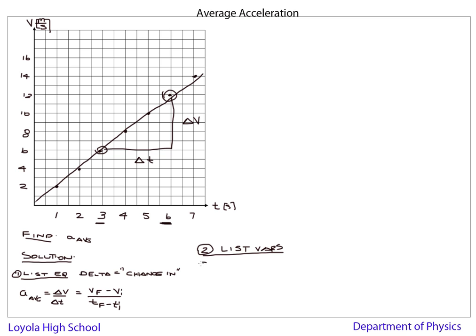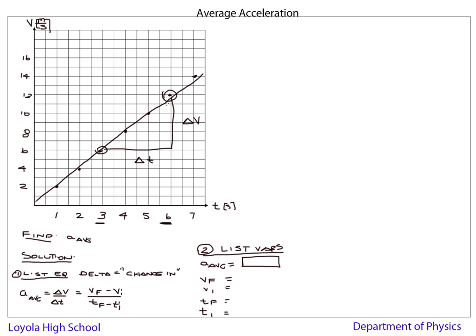Step 2, list the variables. We have the average acceleration, which we don't know, so the box. We have V final, V initial, time final and time initial.